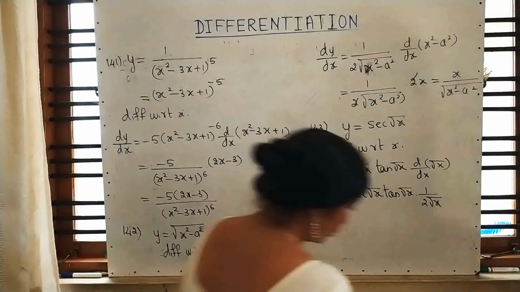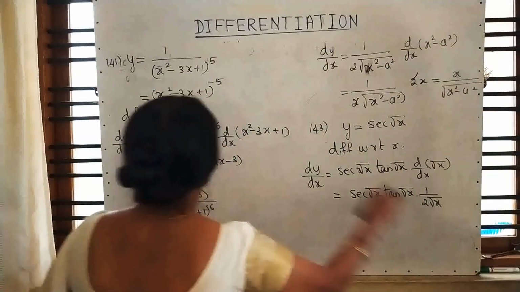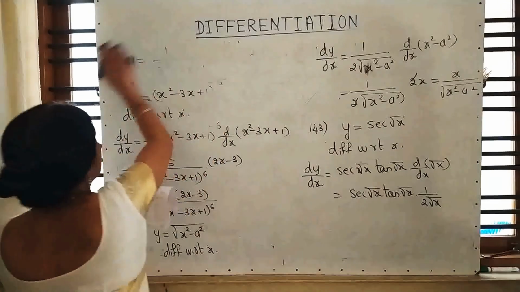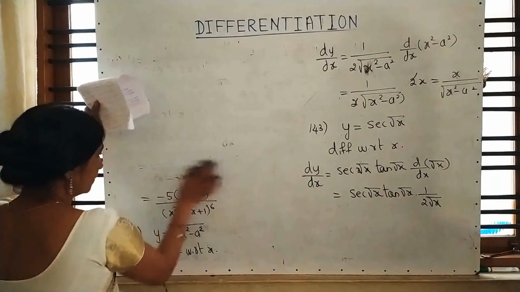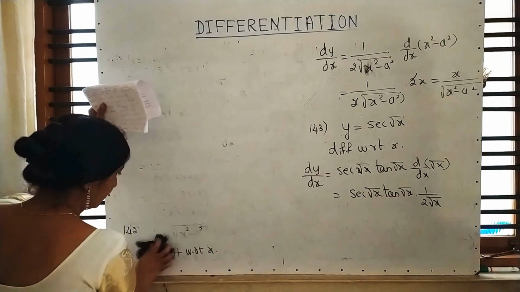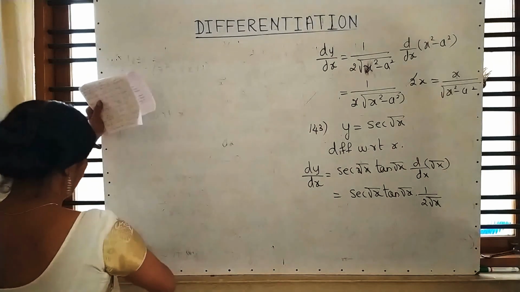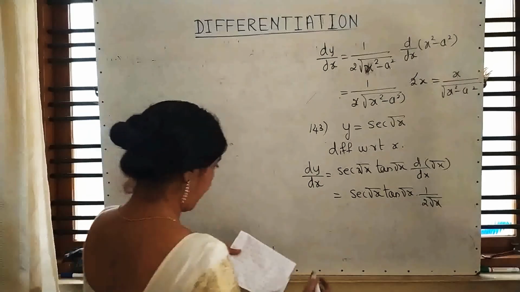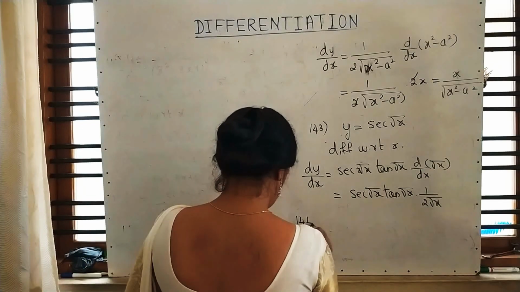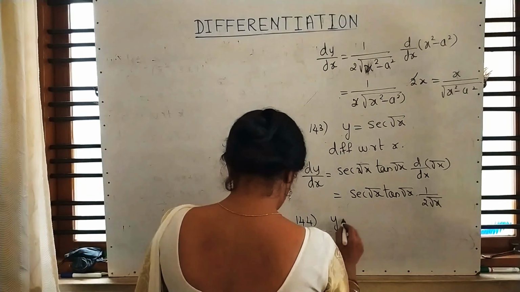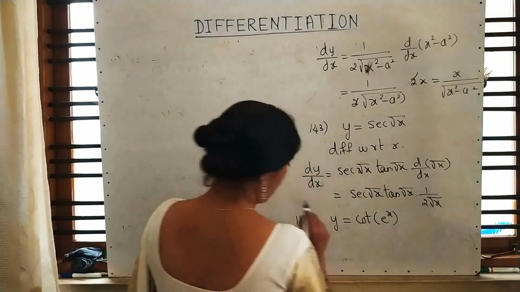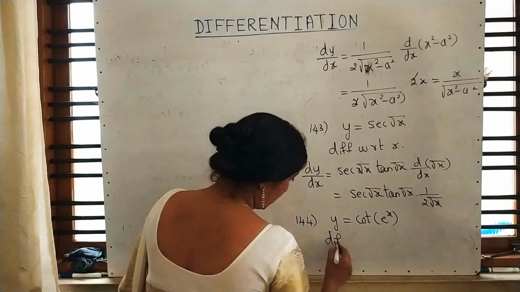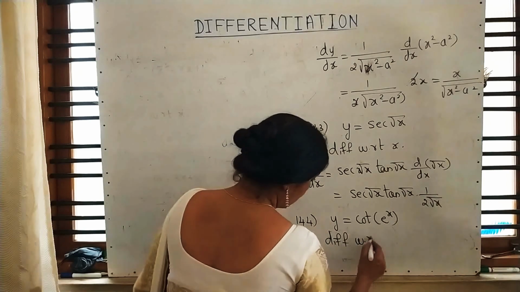Moving to the next question. y is equal to cot e raised to x. See, here also we don't have the power, but the angle is other than x.